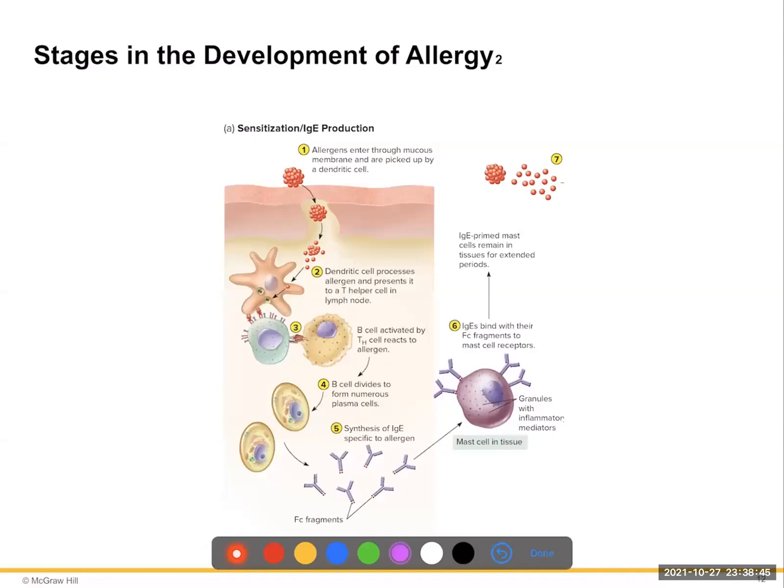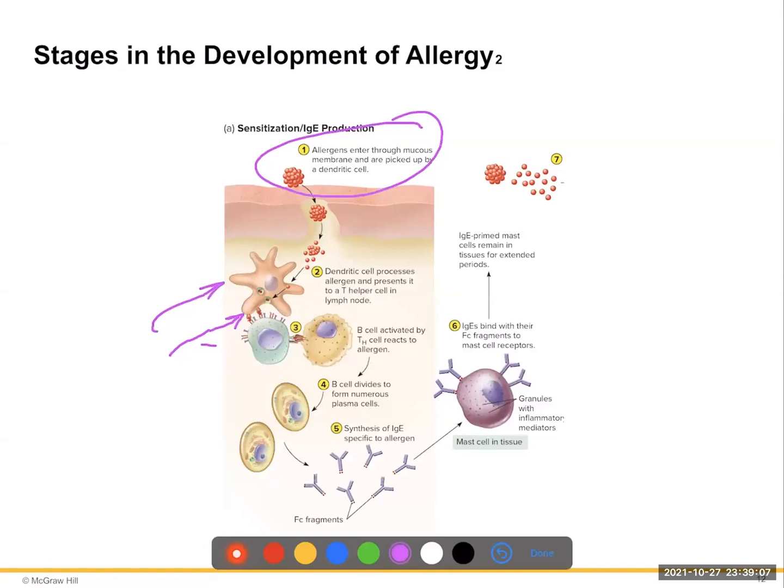Okay, so here's your sensitizing dose. Allergens enter through the mucous membrane and are picked up by the dendritic cells. Remember all those branches? They trap all the allergens. They engulf it, they process it, change it, and it expresses these receptors on the outside of the dendritic cell. This is now recognized by a B cell, and it forms a complex and binds. Okay?